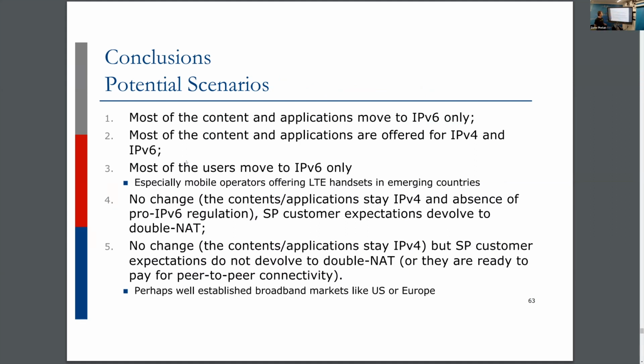So how do we see it playing out? From least likely to most likely, I think we're somewhere around number 4. Once there is more take up in V6 in the provider land, then it becomes a whole lot easier. Most content and applications are currently offered in V4 and V6.